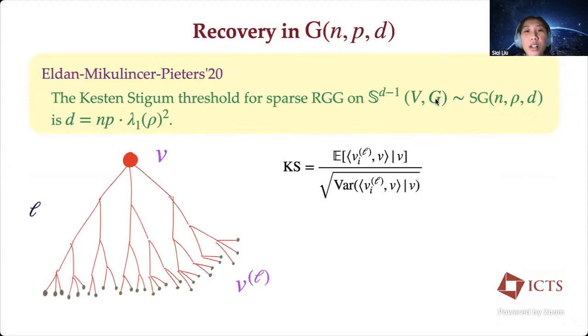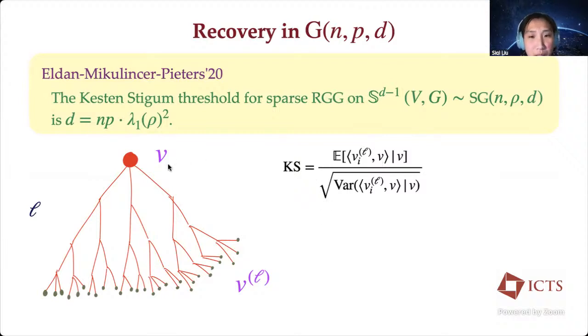Okay, so maybe I'll just say quickly what this KS threshold is really computing. In the tree model, if we're given a graph like a tree, what is the inner product between the root and a leaf? The expected inner product over the standard deviation between them.